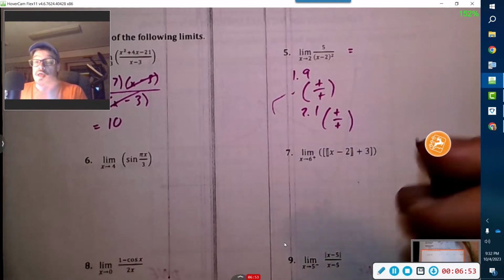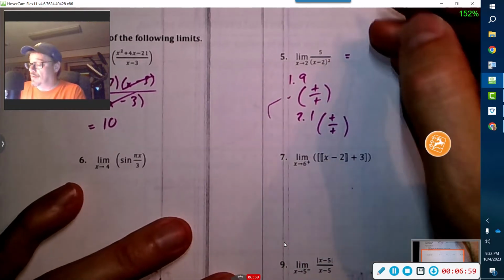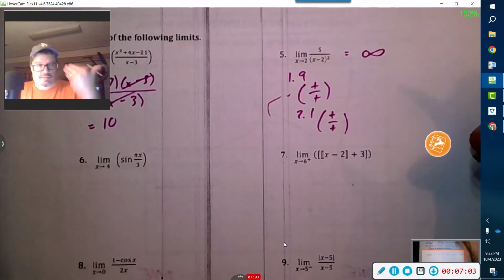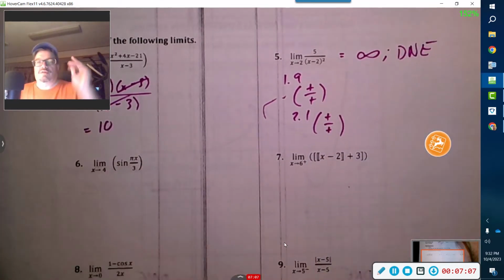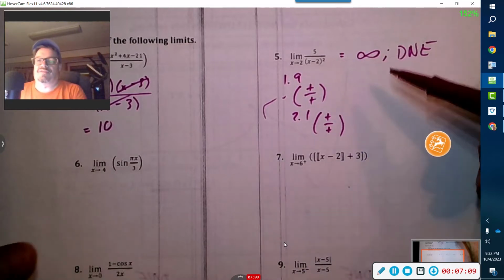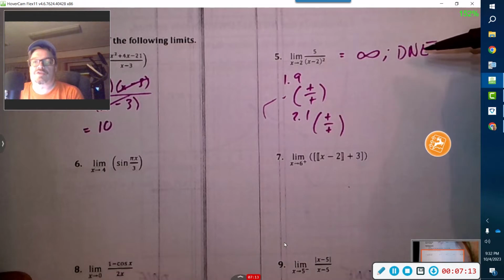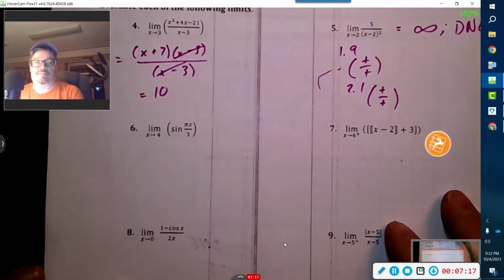Technically, it doesn't exist, and that's fine. You could put DNE in, no big deal, but this is also positive infinity. You can say positive infinity or a DNE. If you need it to be more specific, like on the AP exam, DNE is true, but maybe positive infinity is the choice, okay? So that means there are asymptotes there.